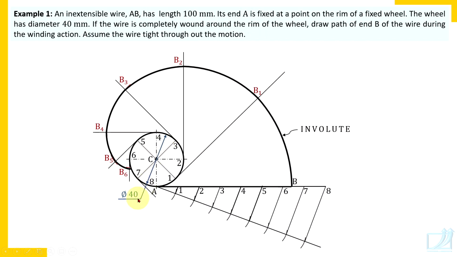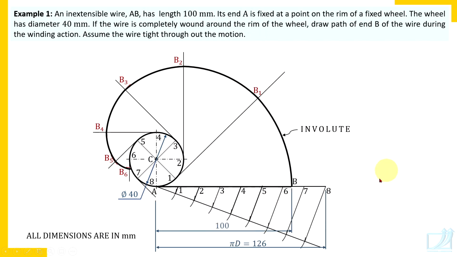Extend it outside the circle, bend it to horizontal, and then on that horizontal portion of the dimension line, insert the diameter. Phi is the standard notation for diameter. When it is a full circle, you should mention diameter and not a radius. Then length pi d and also the given length of line AB, you should insert those dimensions. All dimensions are in millimeter, you must write.